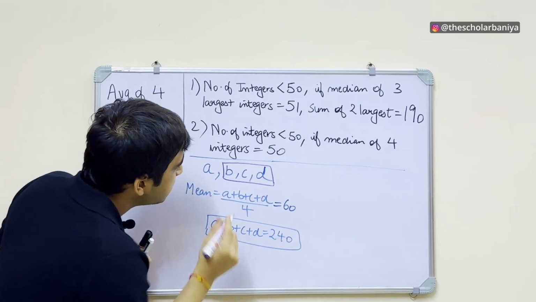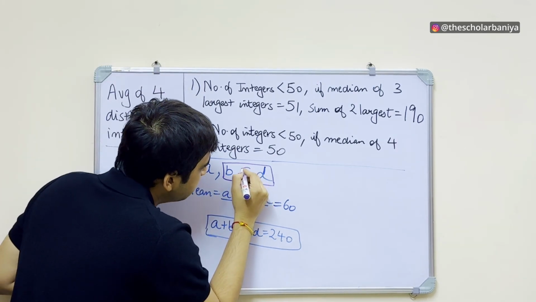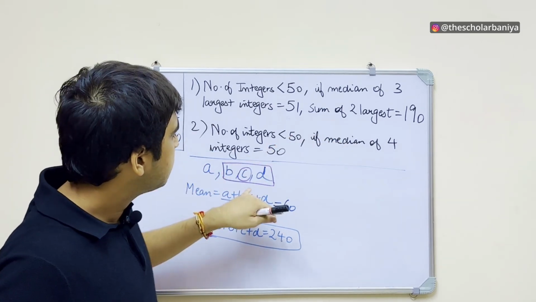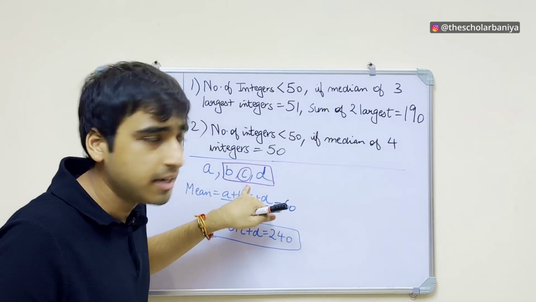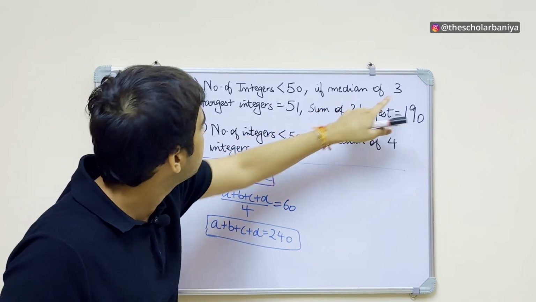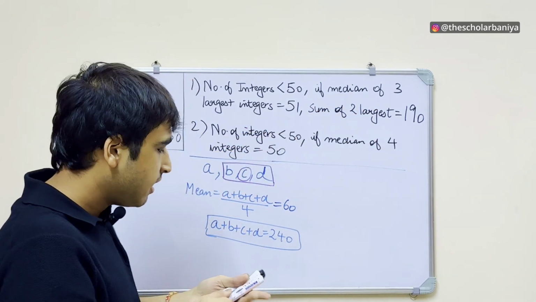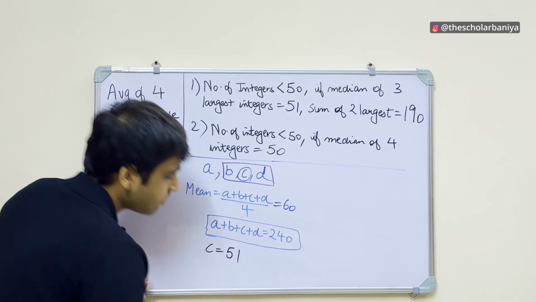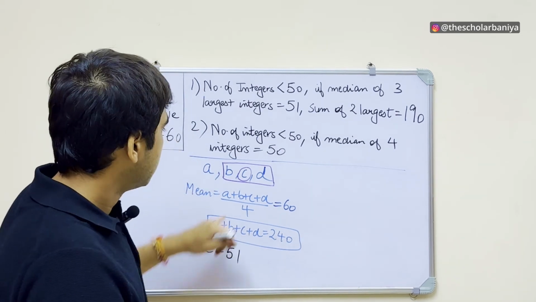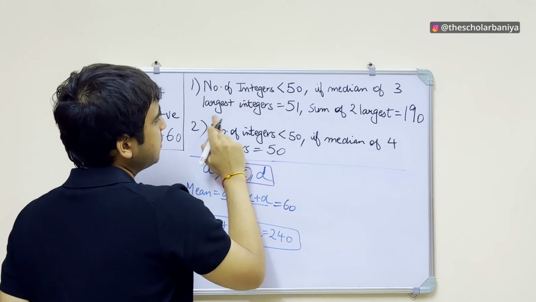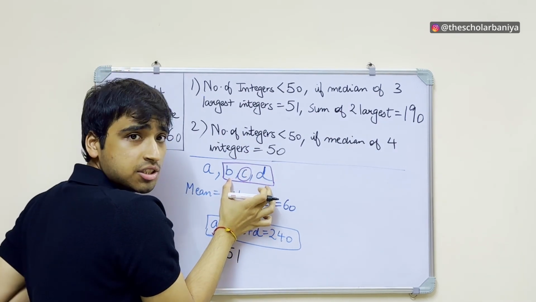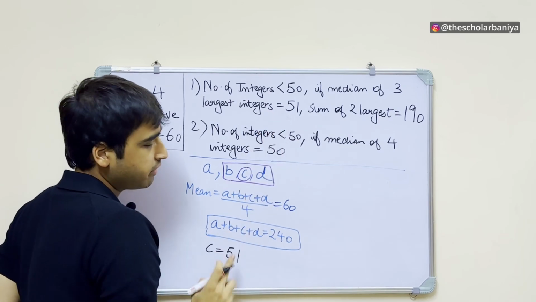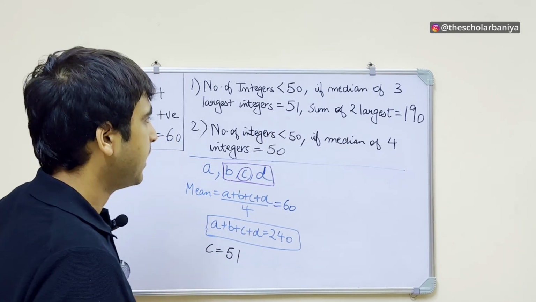So the second term is the median, and the median of the three largest integers is 51. That means c = 51.